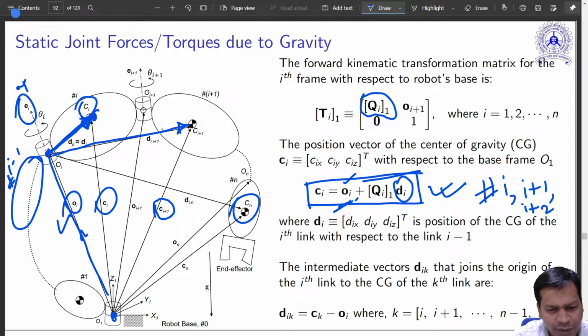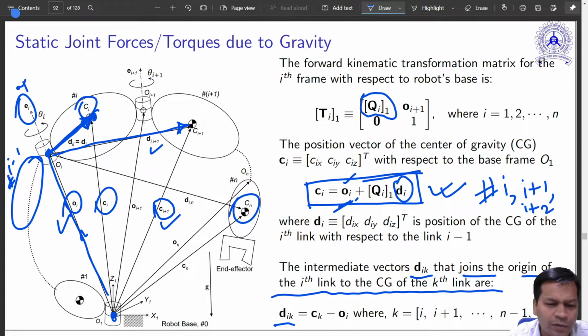You know this, you know this, now you can find out this. That was repeated one after the other, and this is how we can find out dik. The intermediate vector dik joins the origin of the ith link to the center of gravity of the kth link. If i is in consideration, then i+1, i+2, so there is a variable k that starts from i and ends at the nth link.